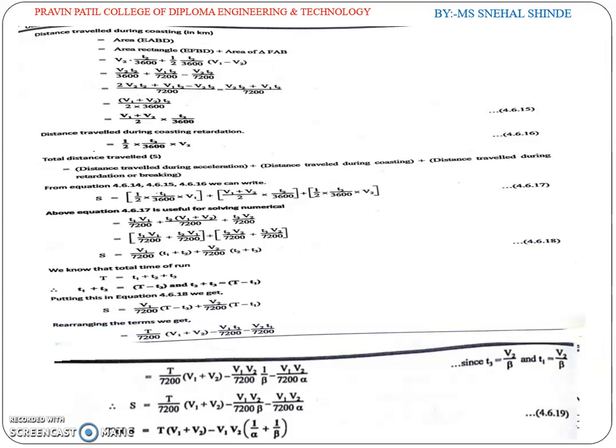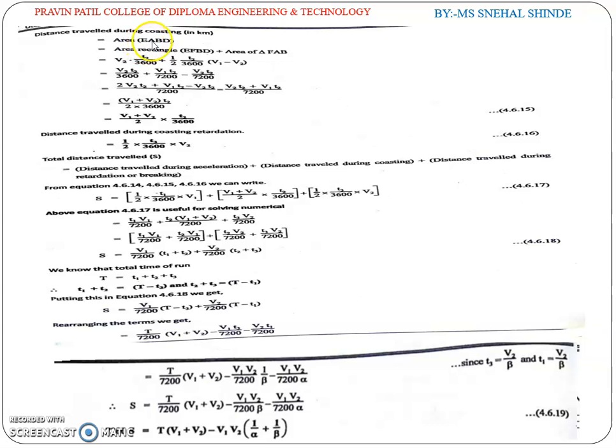Taking the base as 7200, we get 2 V2 T2 plus V1 T2 minus V2 T2. By simplifying 2 V2 T2 minus V2 T2, we get V2 T2 plus V1 T2, divided by 7200. So this is the distance travelled during coasting in kilometers.